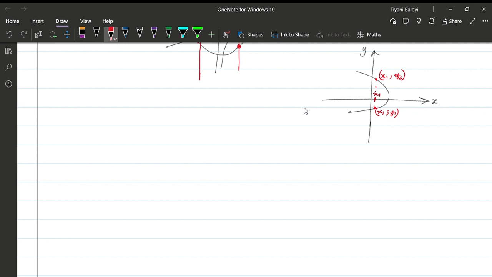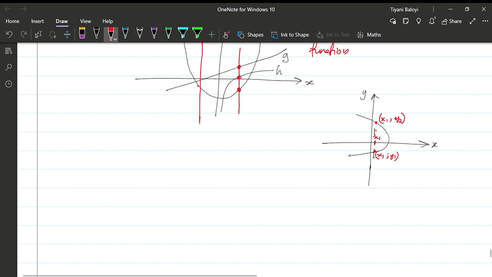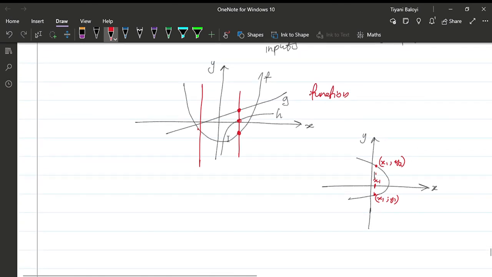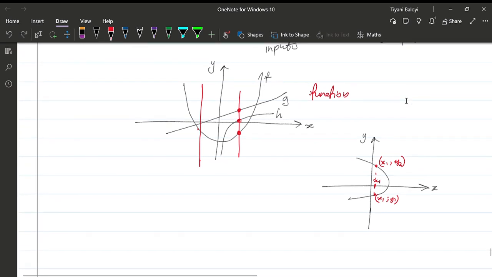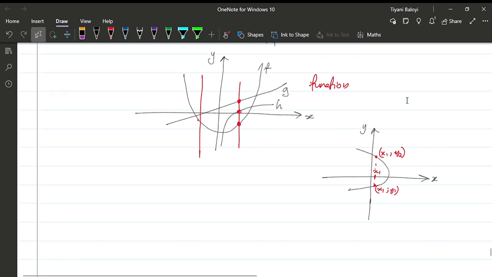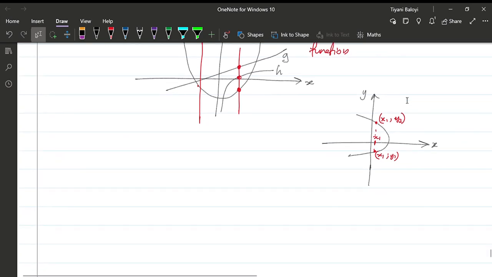Which does not necessarily happen. You can have an x value here with a different y value and the same x value that side with a different y value. This side you had one y value here with a different x value, so that's what we had, right? But you can have one y value with different x values, right?